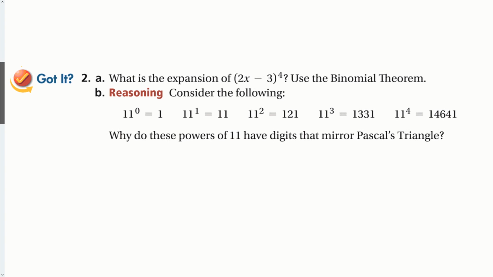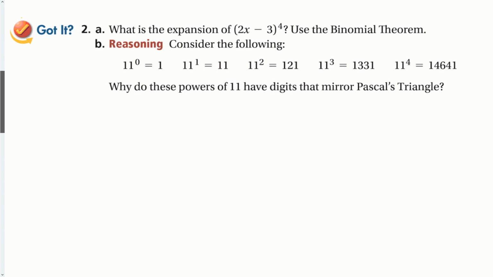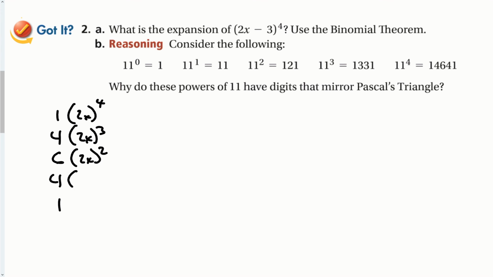Right? Let's set up this one right here. 2x minus 3 to the fourth power. So that would be 1, 4, 6, 4, 1. That is the fourth row of Pascal's triangle. 2x to the fourth, 2x to the third, squared, and then nothing.